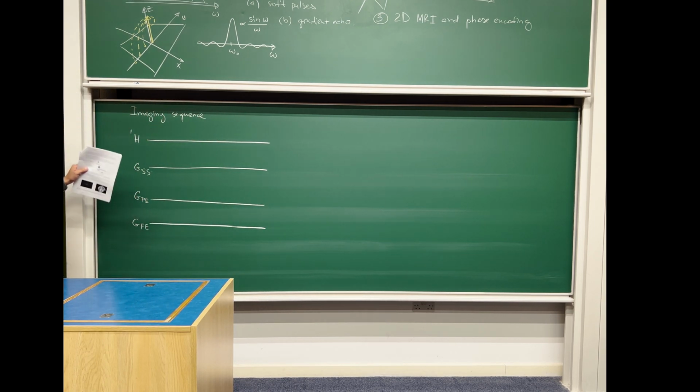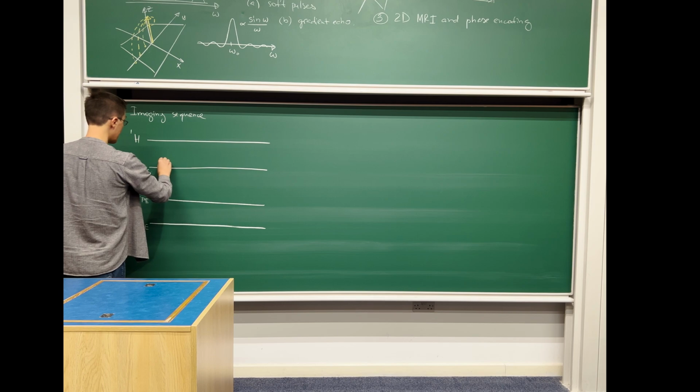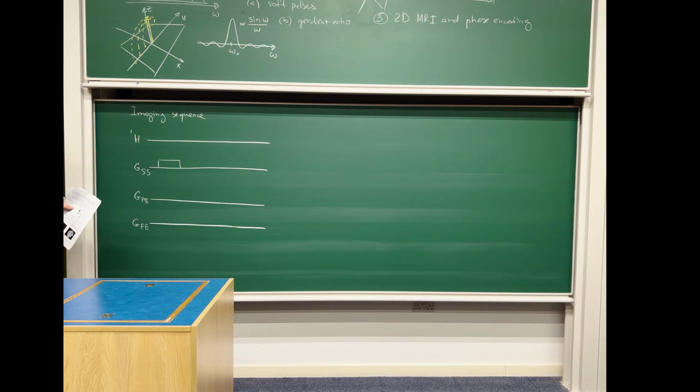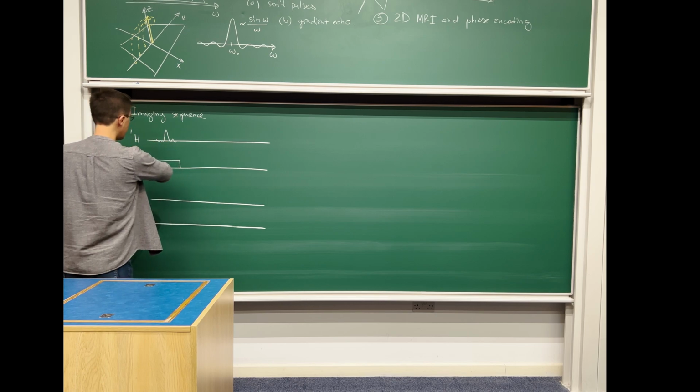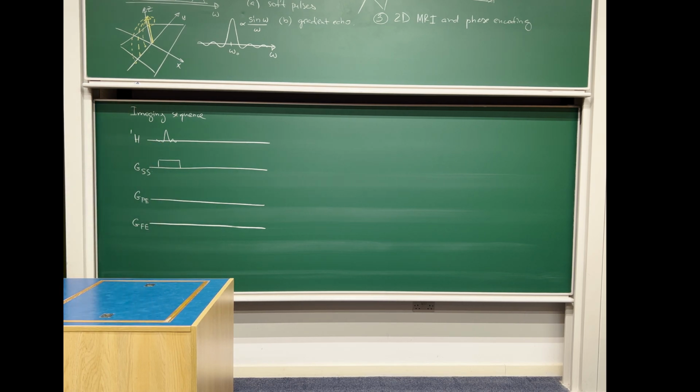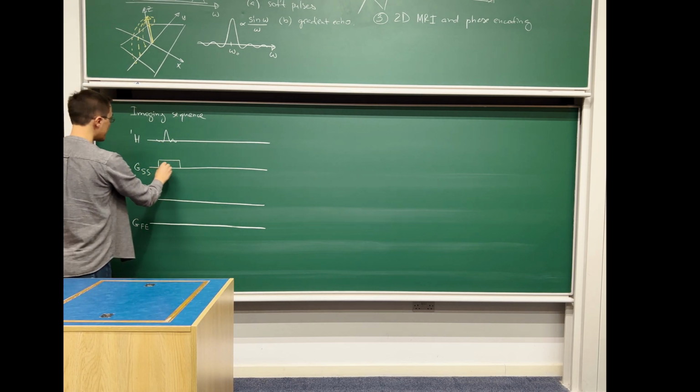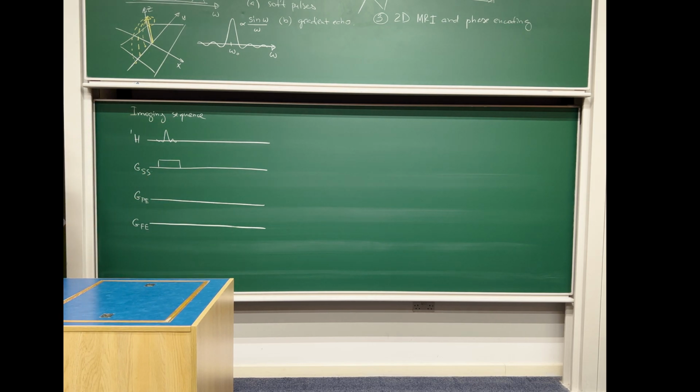Okay, the first thing that we've already done is we have turned on the slice selection gradient and we gave it a shaped pulse. So there will be a sinc pulse here. And that has selected our slice. But it has messed up the phases within that slice.